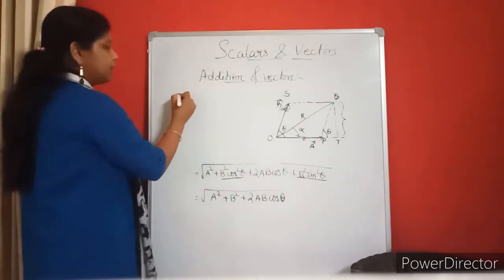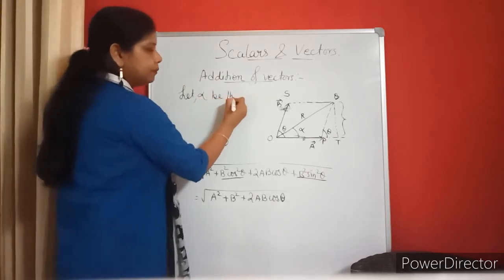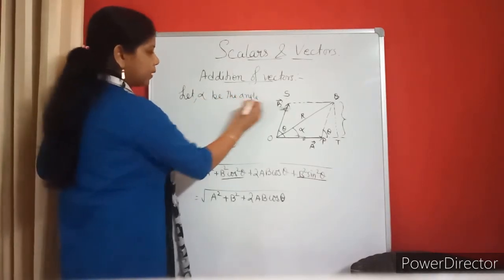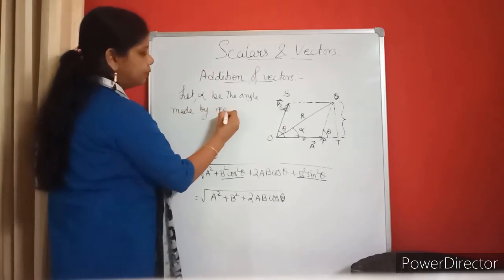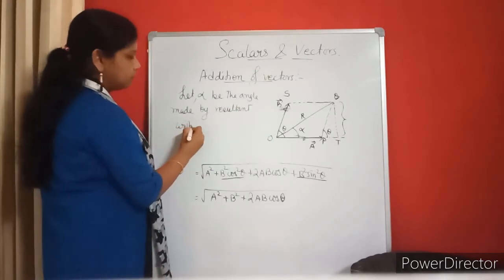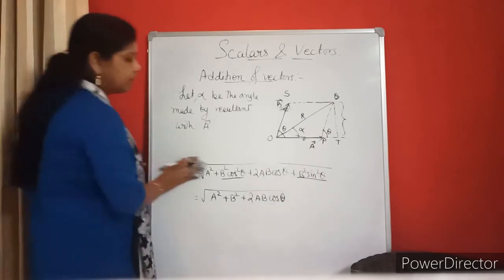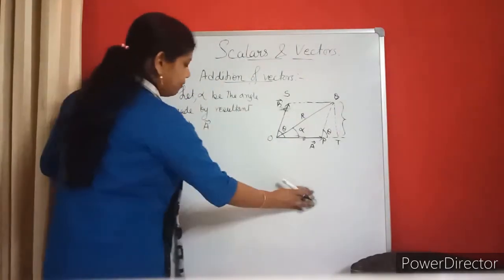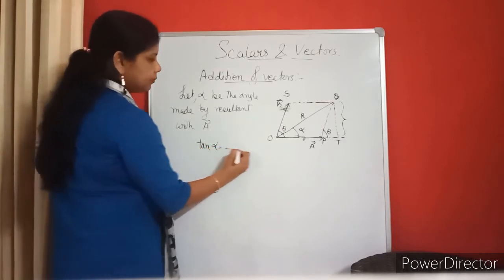I will write, let alpha be the angle made by the resultant with the vector A. Then what will be my tan of alpha?